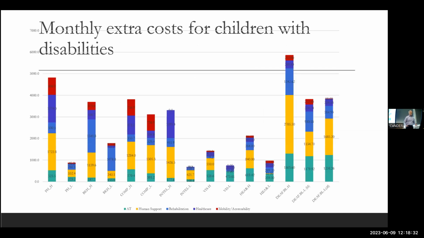Okay. And here it's a little overwhelming when you first see it, but this is monthly extra cost for children with disabilities by type and degree of disability. So the first two are physical, high and low support needs, then behavioral, high and low, complex medical needs, high and low, intellectual, visual, hearing, deaf, blind. They really wanted to separate that out because it's particularly high support needs.